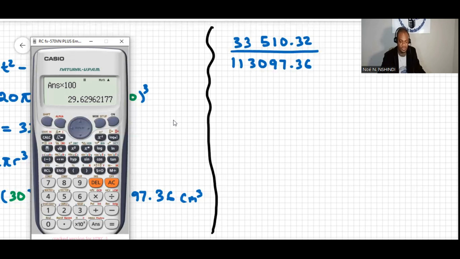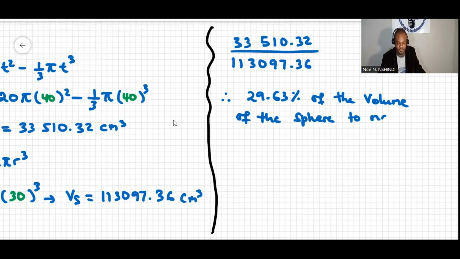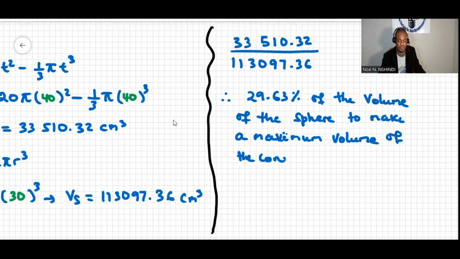So therefore it was 29.63% of the volume of the sphere used to make the maximum volume of the cone.